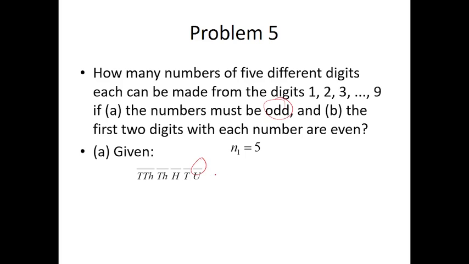The last digit should be odd so that the 5-digit number will be odd. And n1 is 5 because we can choose 1, 3, 5, 7, and 9. So we have 5 options. Therefore, n1 is 5. And there is only a single slot. Therefore, r1 is 1.